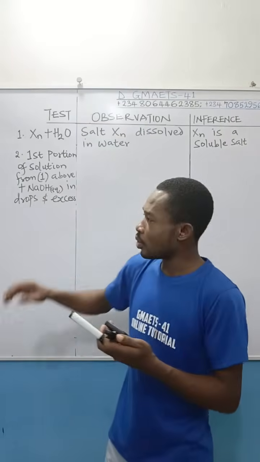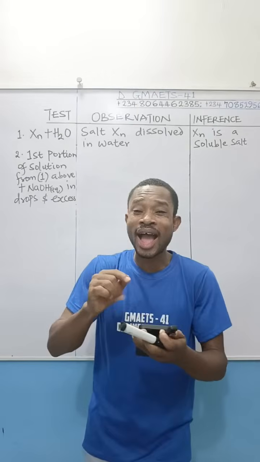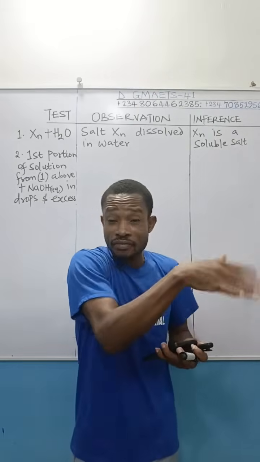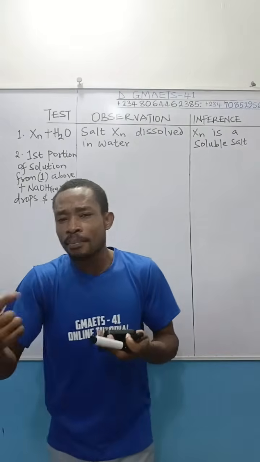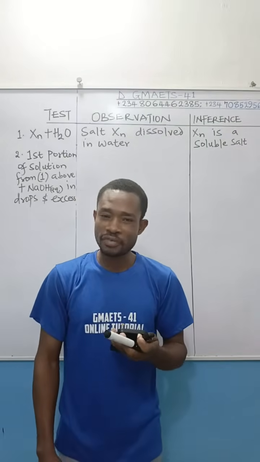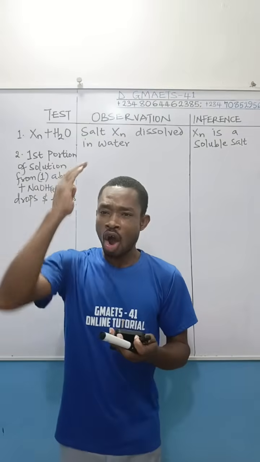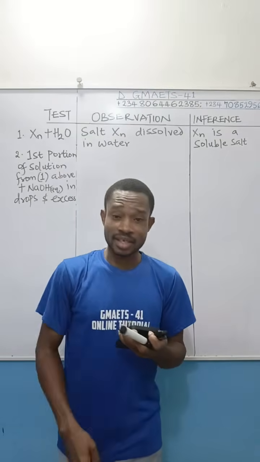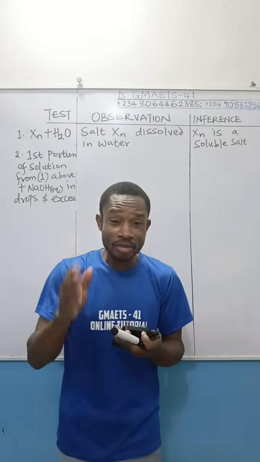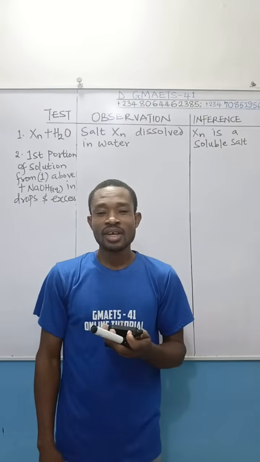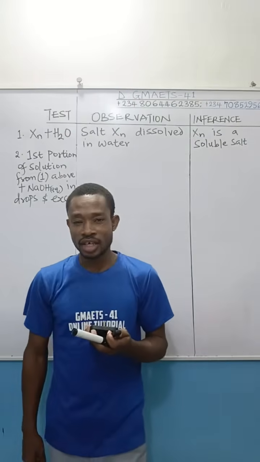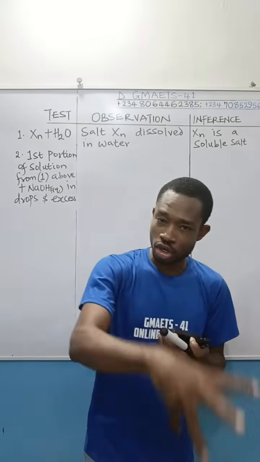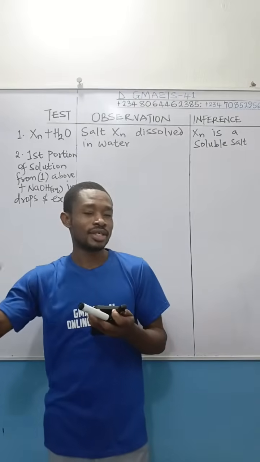So coming back to what we have here, since we are told to add sodium hydroxide to the first portion and then to the second portion add ammonia, dear friends, I am 100% certain, I repeat, 100% certain, that the salt you have there is a salt of either calcium or zinc.